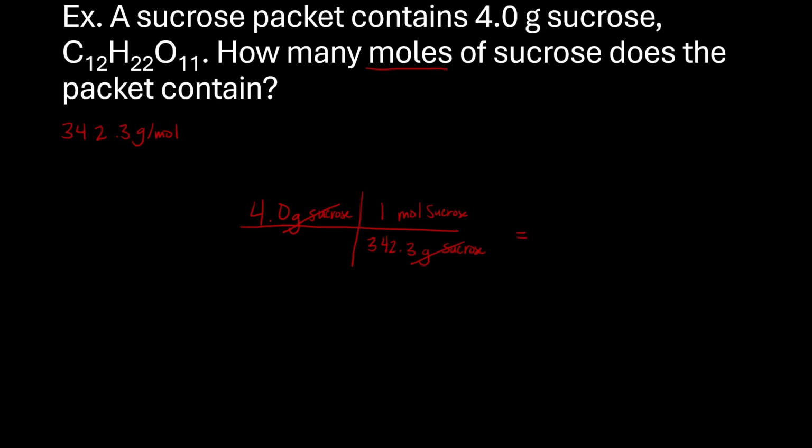I'm going to use my calculator to multiply that out and divide. So I got 4.0 times 1 divided by 342.3. And that's going to leave me with 0.012 moles of sucrose, which is C12H22O11. And that would be your final answer.